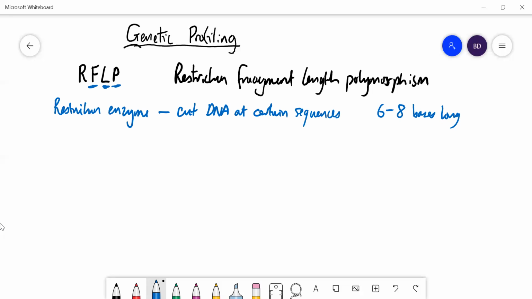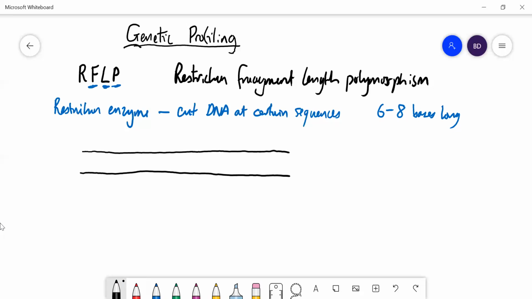Let's imagine we have 2 bits of DNA from a bacteria, a fairly small bit of DNA. This is from one bacteria, and this is from a very close relative of it, the same species, the same strain, just a different bacteria.